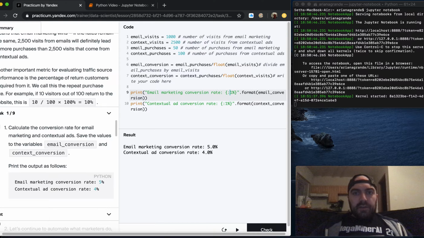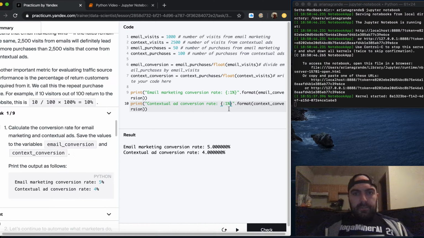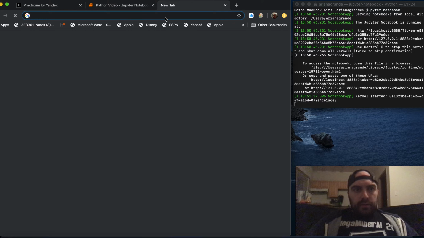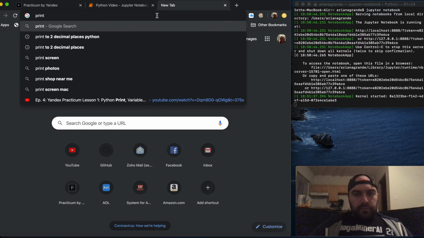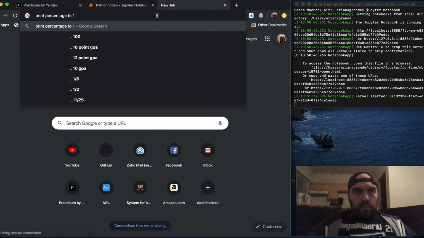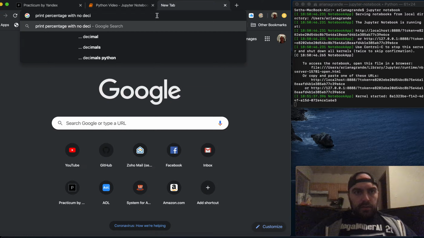If we do no dot, we just do 1%. Nope. Okay, what if we let's see. Print decimal. Oh. Print percentage to with no decimal format Python.